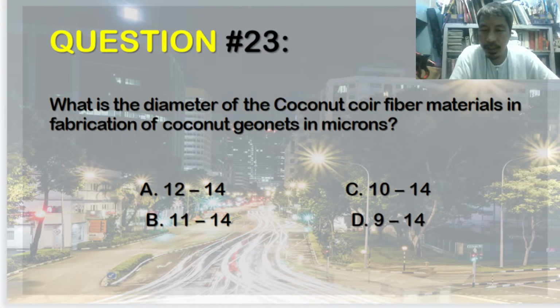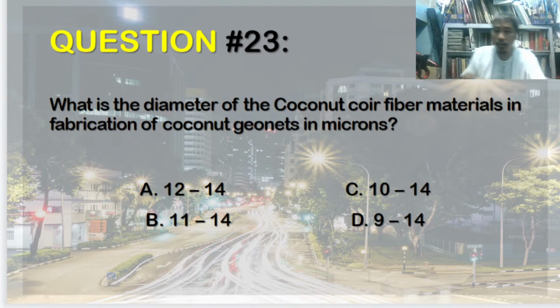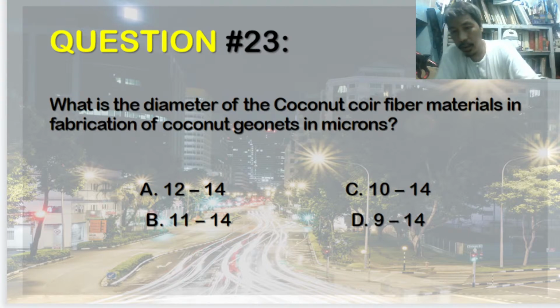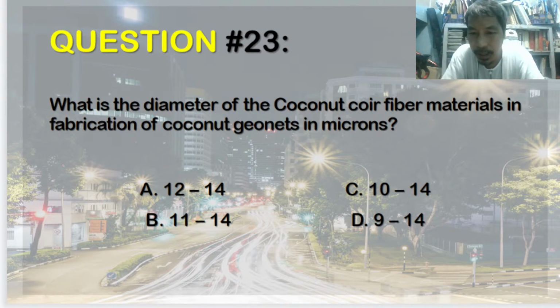Please include the question number, as I already instructed you to do. Please do it properly. Do not put the number 1, 2, 3. Question number 23, as you can see on the screen. We are now on question number 23.